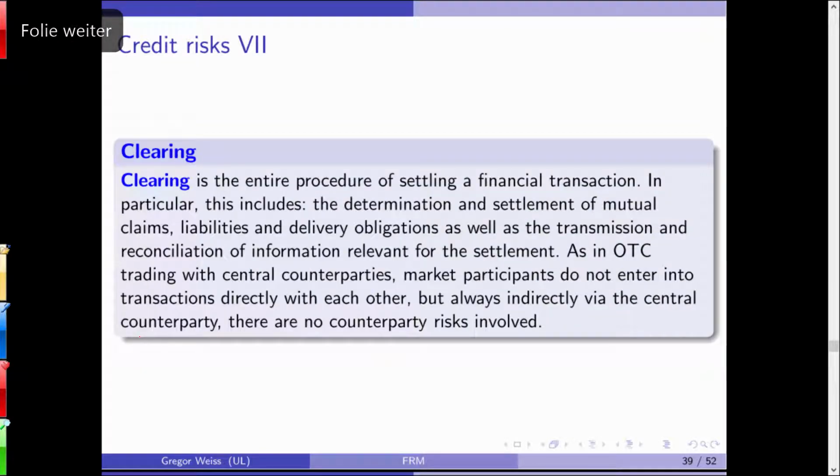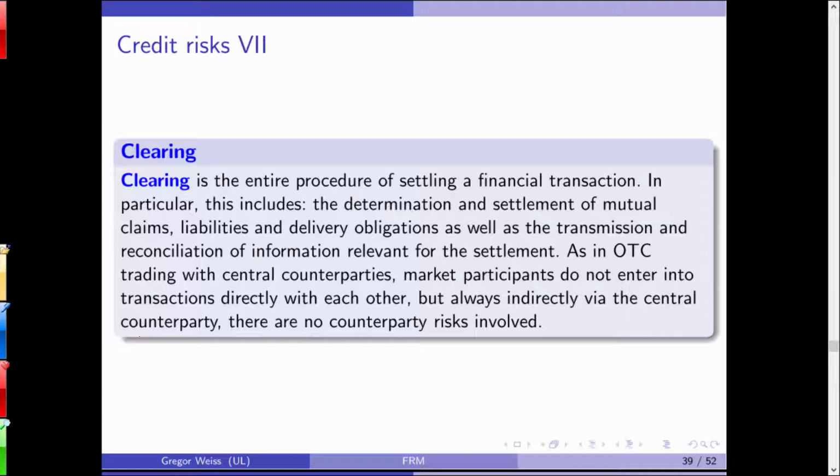Okay. Now, again, we've talked about counterparty risk when it comes to CDS contracts. Now, the central counterparty takes up the task of what is called clearing. And what is clearing? Clearing is the entire process of settling a financial transaction.